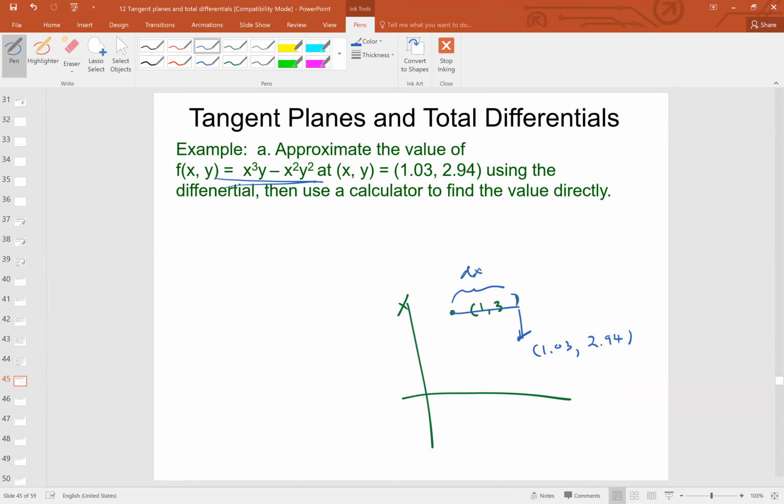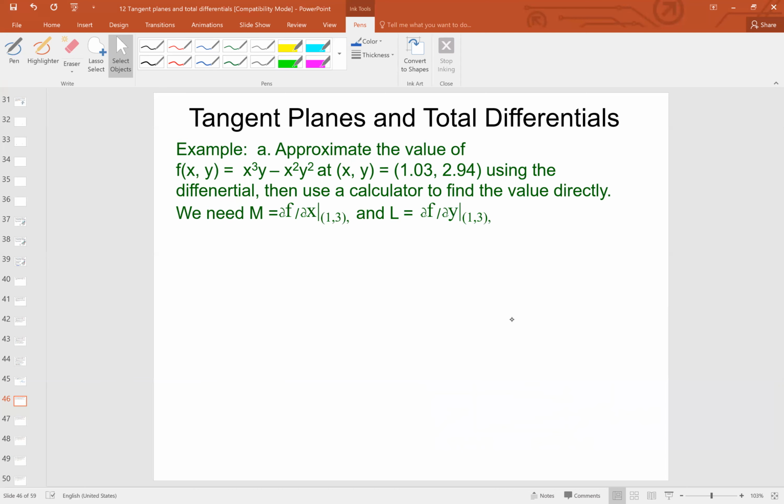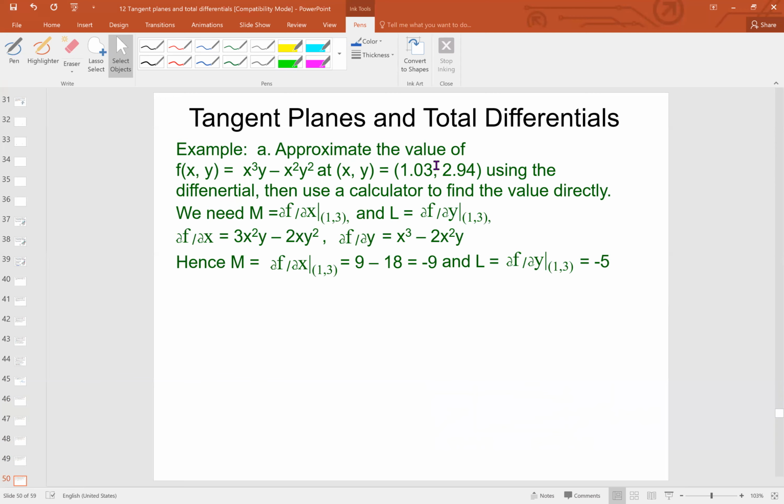So the question is, if I move from (1, 3) to this point, on the tangent plane, where will I be? What's the total change in the amount of z on the tangent plane? So first I calculate the slope at the point (1, 3), in the x and y directions. Plugging in the point (1, 3), the slope in the x direction is minus 9. The slope in the y direction calculates to minus 5.